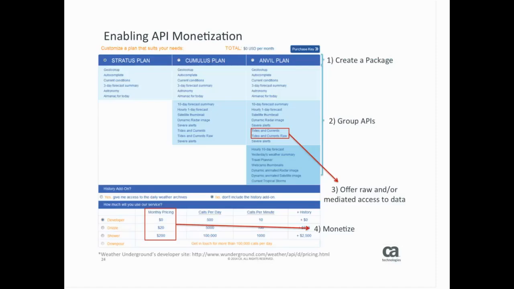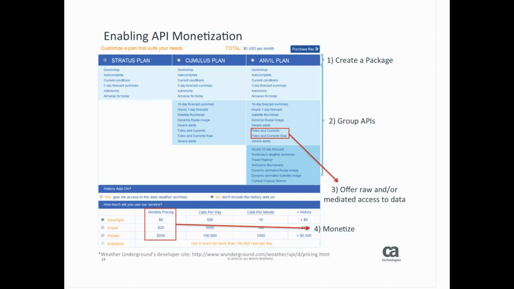Let me give you a good example of how to do API monetization via portal correctly. What you're seeing here is a screenshot from the Weather Underground, and what they've created is a bunch of packages. In this case, 3 different packages, each with an escalating number of APIs.